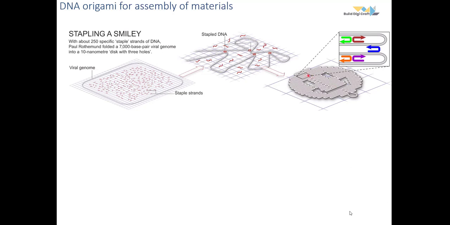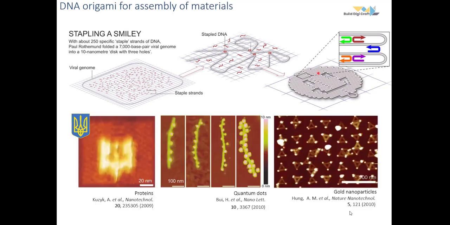So I can modify DNA strands in specific positions so they can act as binding sites for attaching something else. For example, it's possible to attach proteins, metal nanoparticles, quantum dots, and so forth.